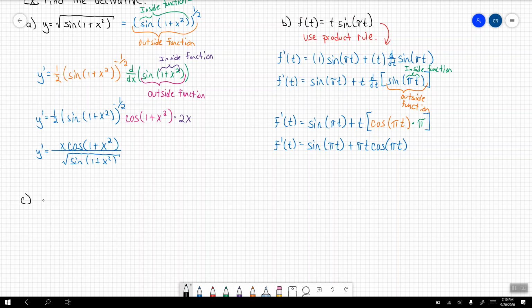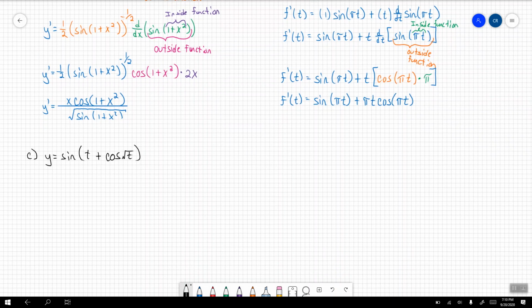Looking at part C, I want to have y is equal to sine of t plus cosine of the square root of t. Now this function might not look too bad at the beginning. However, once we get into it, we'll see that it's still a lot of function composition taking place. And we will always need to account for all of the embedded functions when we take those derivatives.